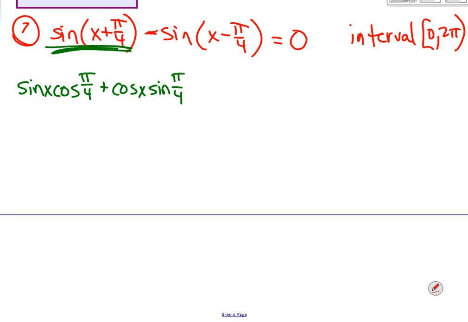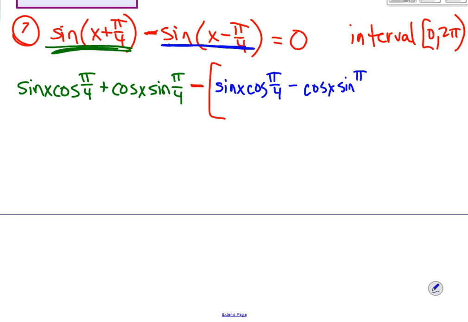This subtraction sign here, I'm going to write it, and then I'm going to write a big bracket, because whatever this stuff is, I have to subtract all of it, and I'm going to have two terms now. So sine of x minus pi over 4 is sine x cosine pi over 4 minus cosine x sine pi over 4. And then I'll close that, and set it equal to 0.